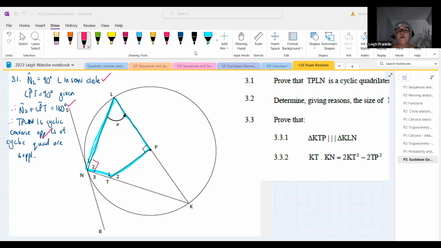So when you want to prove a quad is cyclic, it's converse angles in the same segment, converse opposite angles of a cyclic quad are supplementary, or converse exterior angle of a cyclic quad. They are much easier to remember because you've already learned the opposite angles of a cyclic quad are supplementary. So to put the word converse in front of that when you're trying to prove the quad is cyclic is just easier.